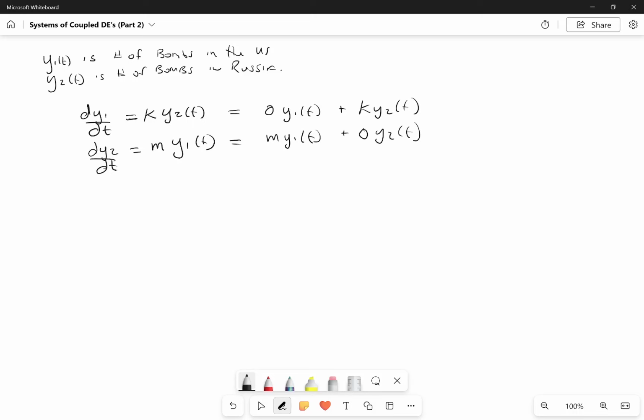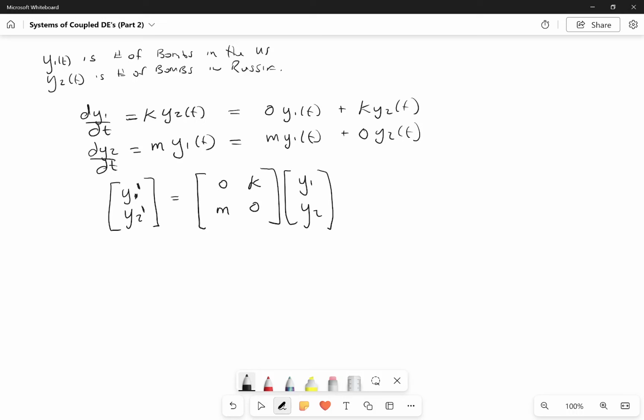So in matrix form, what we're going to have is y1 prime, y2 prime, equals the matrix 0, k, m, 0, times y1, y2.